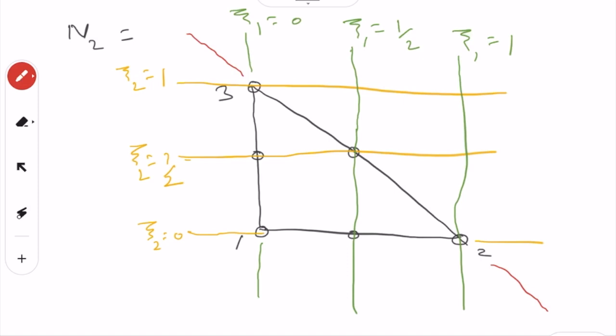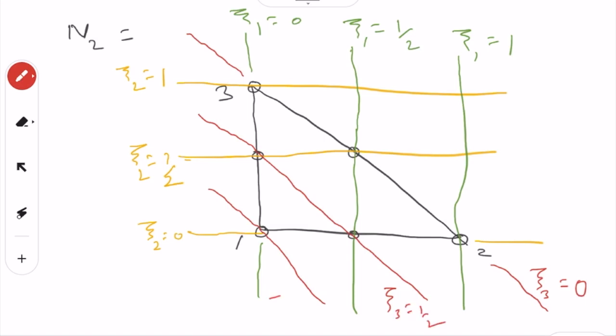This one, then this one, and then this one. Okay, so we have xi3 equal to 0, then xi3 equal to half and xi3 equal to 1, where xi3 equal to 1 minus xi1 minus xi2.